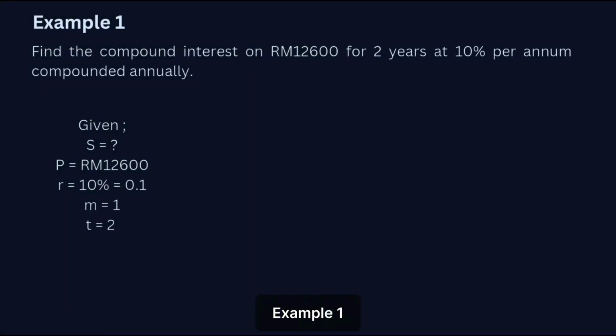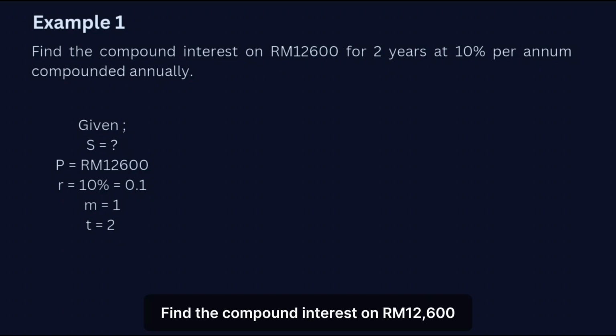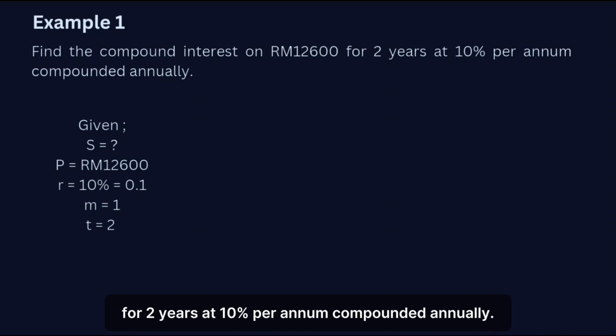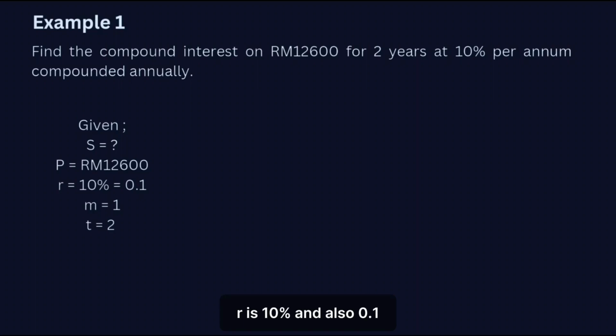Example 1. Find the compound interest on 12,600 ringgit for 2 years at 10% per annum compounded annually. Given what the question asks, P is 12,600 ringgit, R is 10%, and also 0.1.